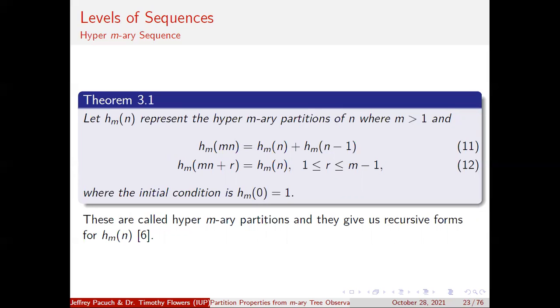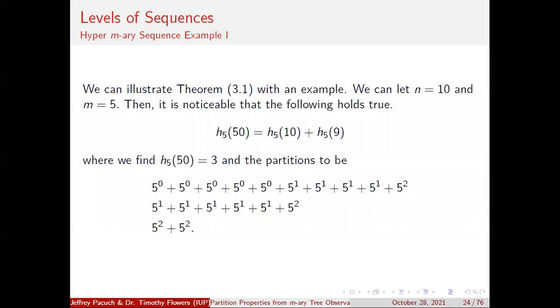It's really cool that equation 12 is valid, and we will show this in an example in a moment, but we can see that it's going to give us a range of r, where r is bounded between 1 and m minus 1. And of course, we have the initial condition again, so no matter what sequence you're looking at, h m of 0 is always going to be 1.